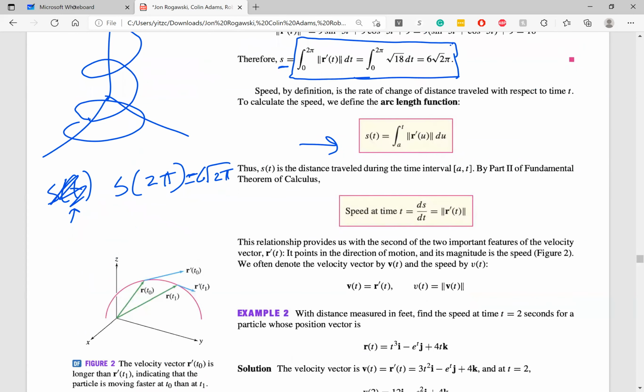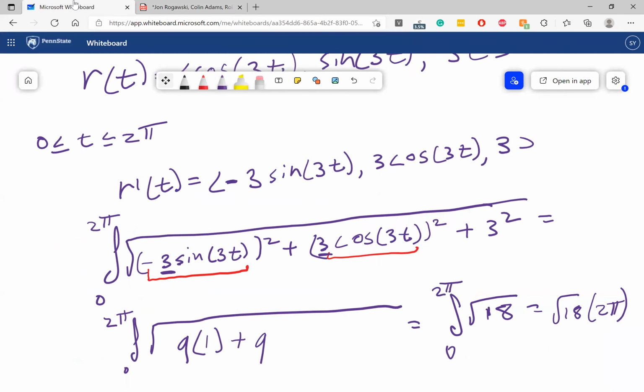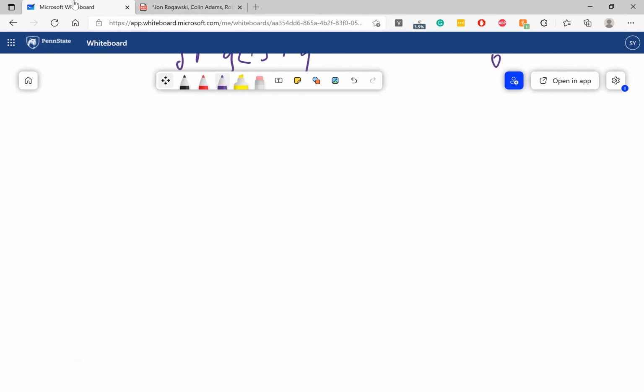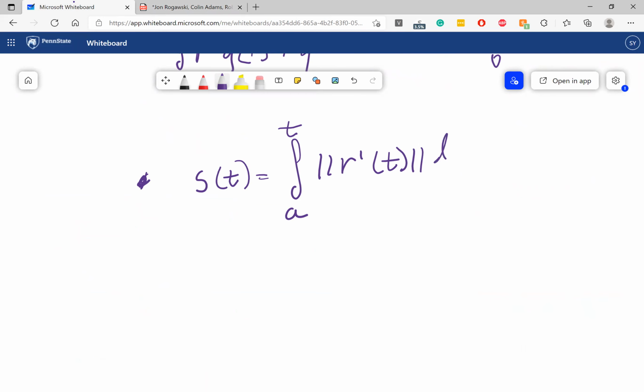And of course, what you can do is take the derivative of S, so now there's a T up here. So we have S of T is equal to the integral from A to T of the magnitude of r prime of t dt.